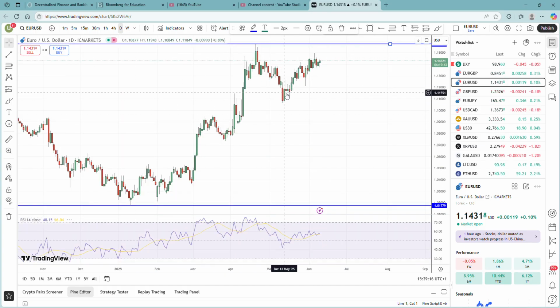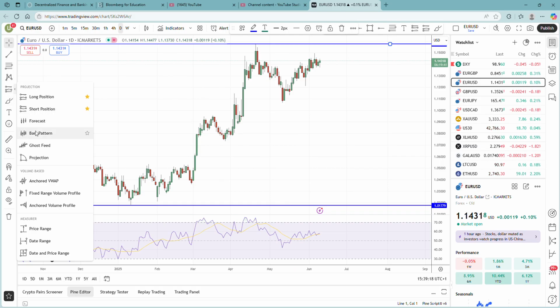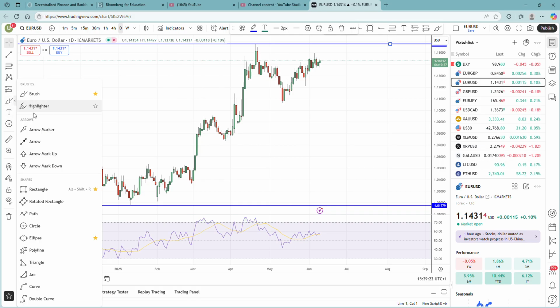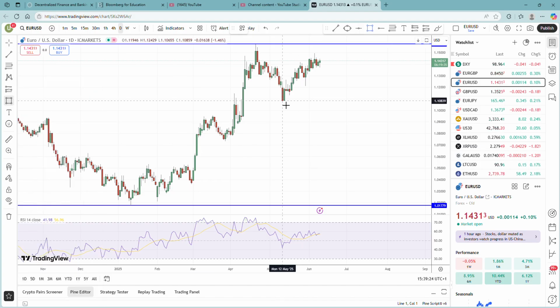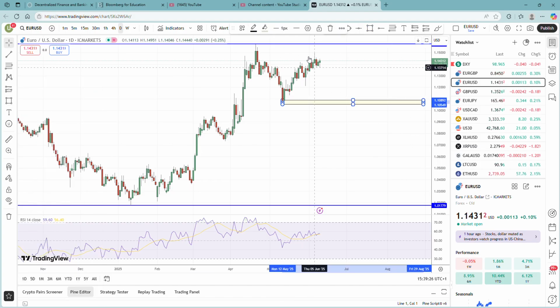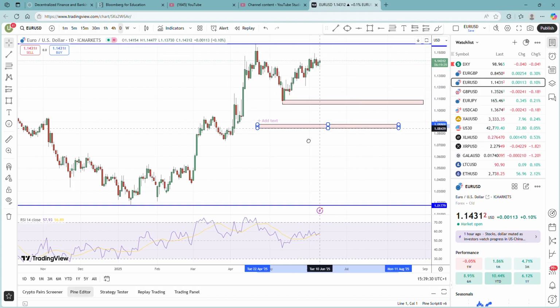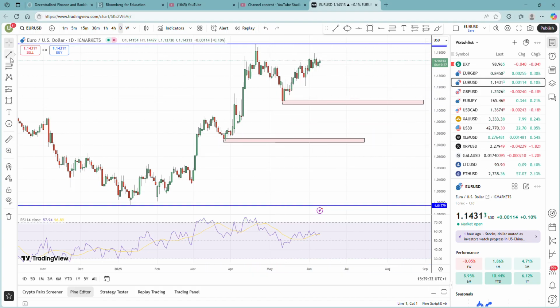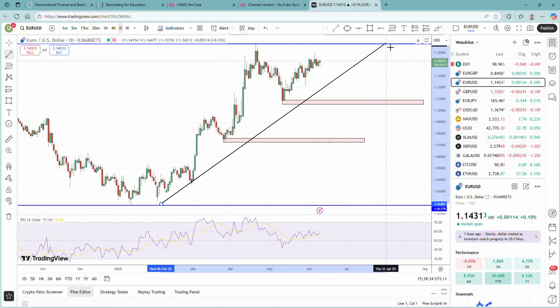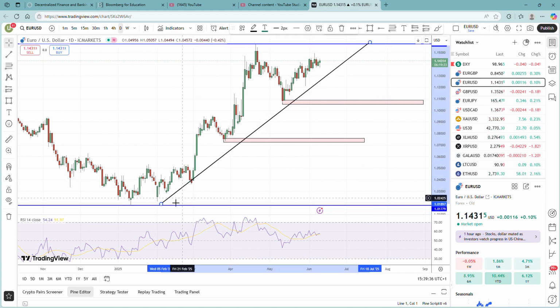Go to a daily time frame. It's in an uptrend, so you want to mark your higher highs and higher lows. Get the rectangle tool out here. You can clearly see there's a higher low formation here. There's another higher low formation here, and also, if you want to, you can put a trend line as well. So you can clearly see it's an uptrend.